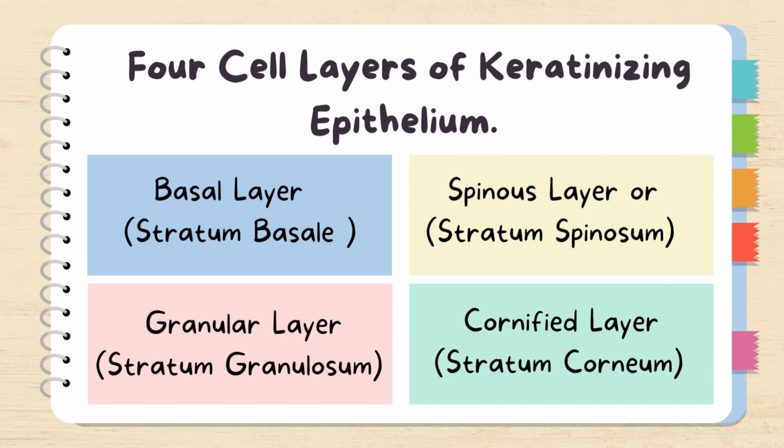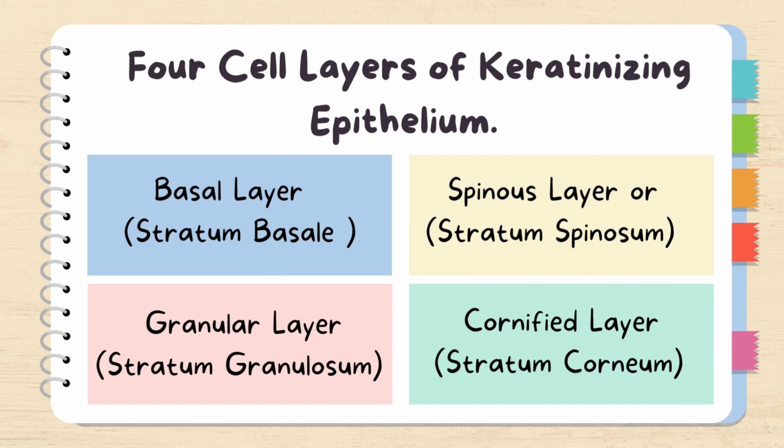There are 4 cell layers of keratinizing epithelium. The basal layer, also called the stratum basale, is made up of cells that synthesize DNA and undergo mitosis. Spinous layer, or stratum spinosum, has cells that are polyhedral and larger than the basal cells, and cells are joined by intercellular bridges.